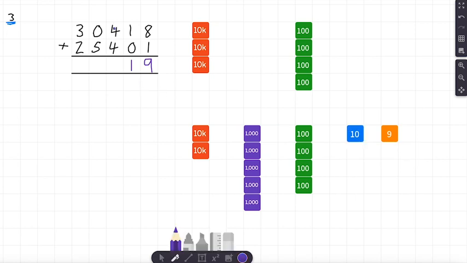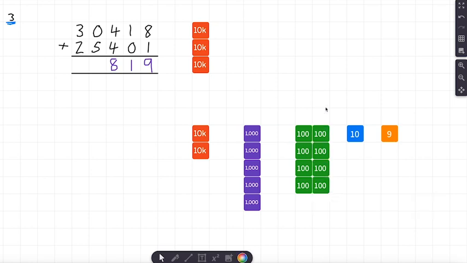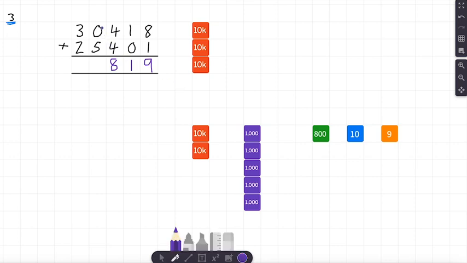And then hundreds column, 4 plus 4 is 8. 400 plus 400 is 800. And we can see that there, 4 and 4 gives us 800. On to the next place value column. Thousands, we have no thousands in this number, plus 5,000 just leaves us with 5,000.